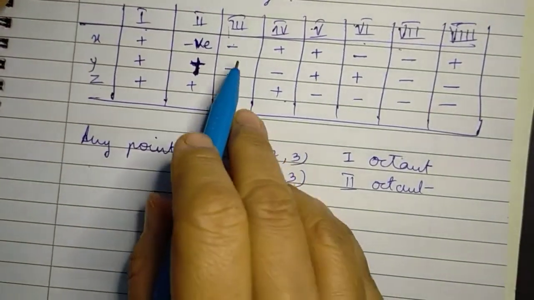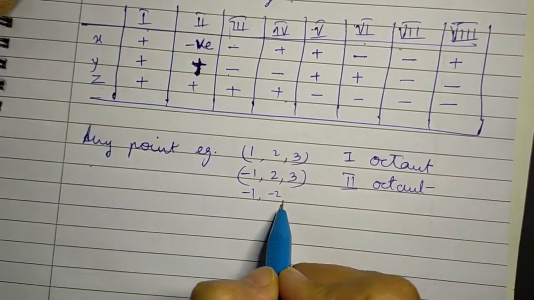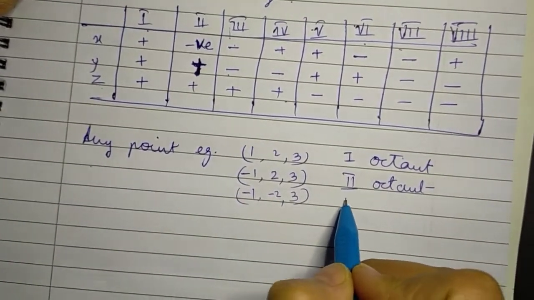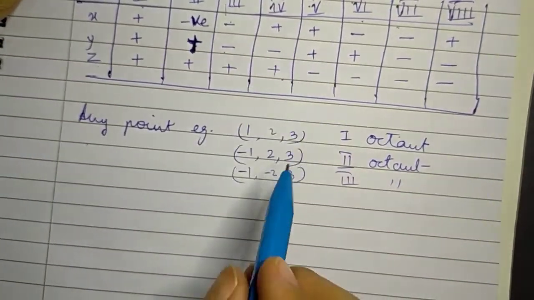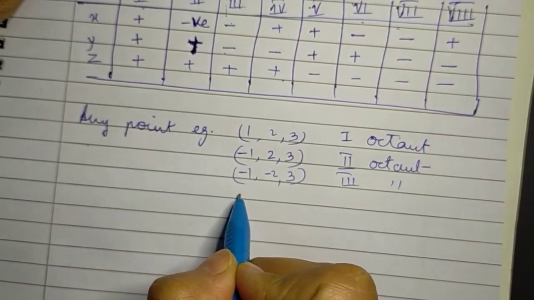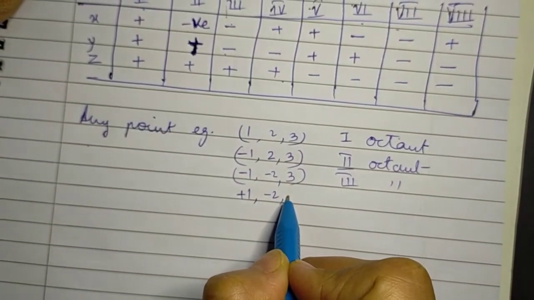Then the third octant, the x coordinate and the y coordinate would be negative, but the z would be positive. This is the third octant. Then same way, for the fourth octant, we have x positive, y negative, and z positive.